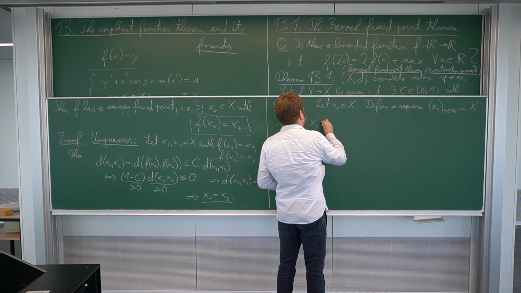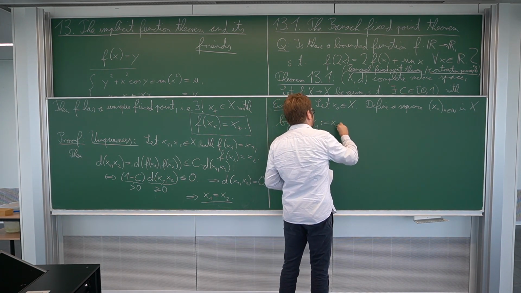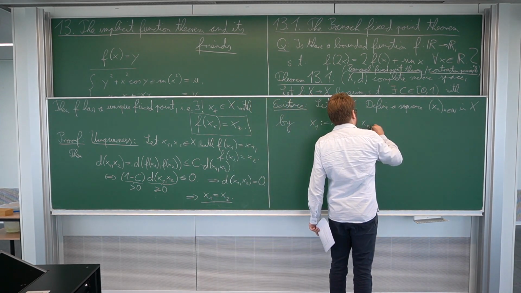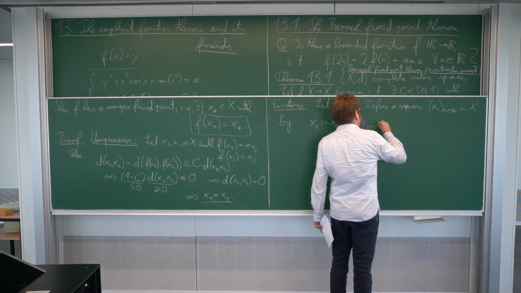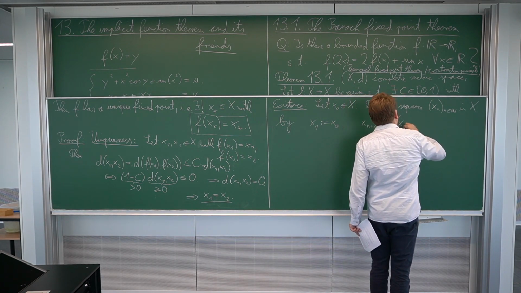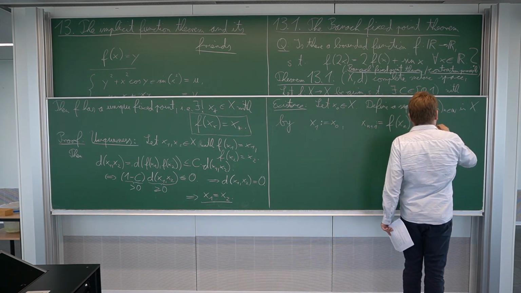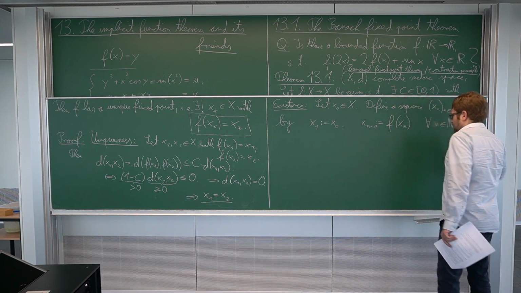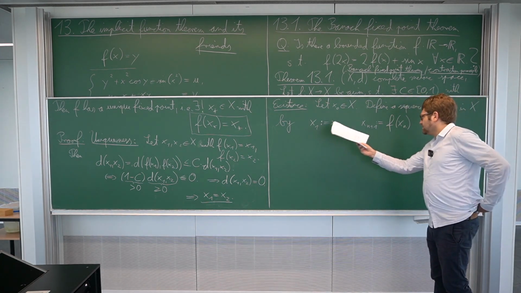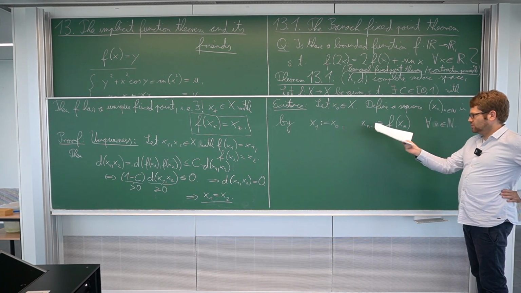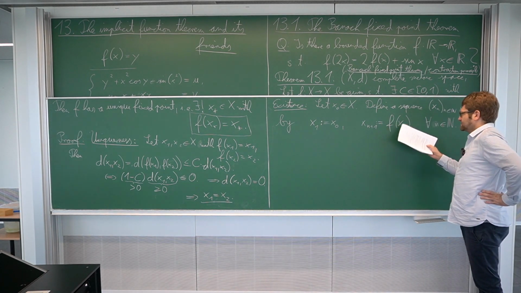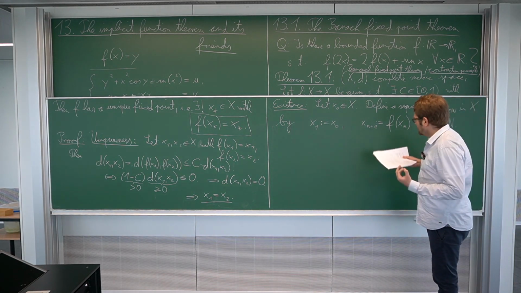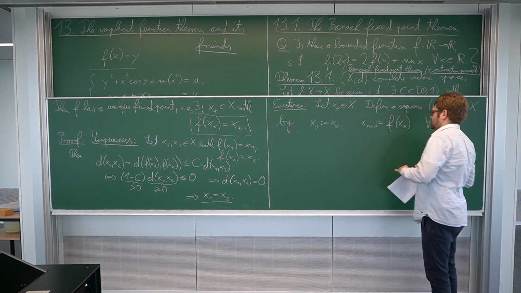The first term of the sequence x1 is just our starting point x0, and x_{n+1} is simply given as f of x_n for all n in N. So we start with a point, apply f, so x2 is f of x1, x3 is f of x2, which is f of f of x1, x4 is then f of x3, and so on.